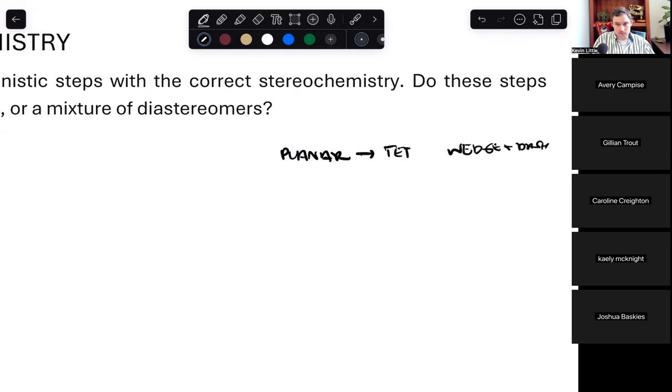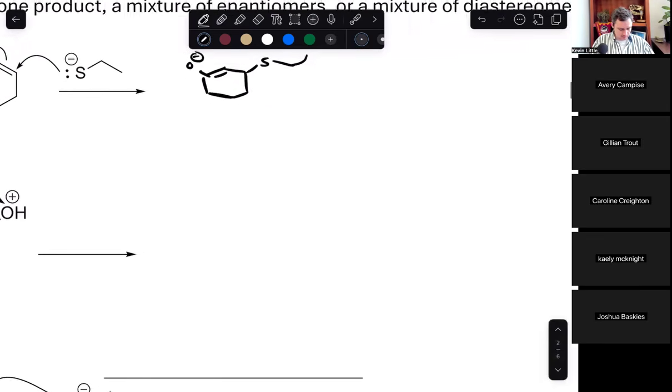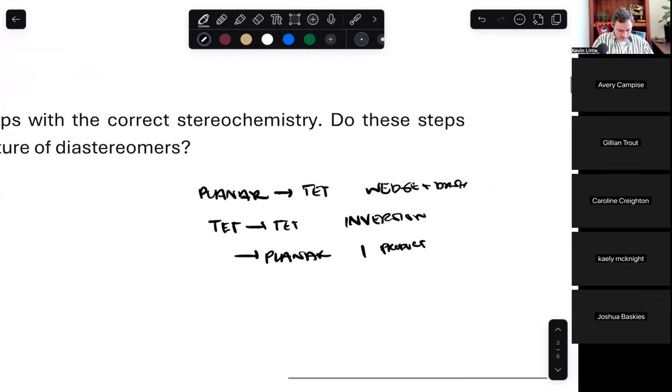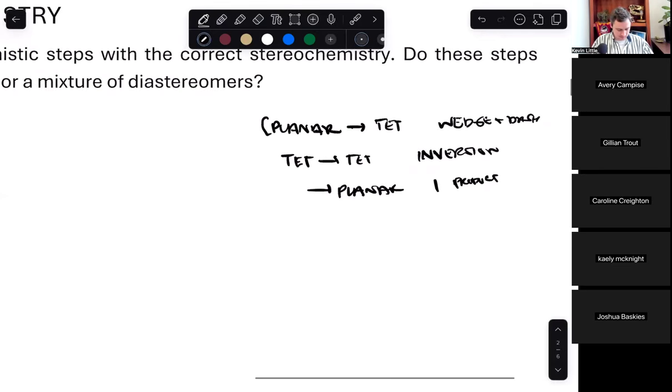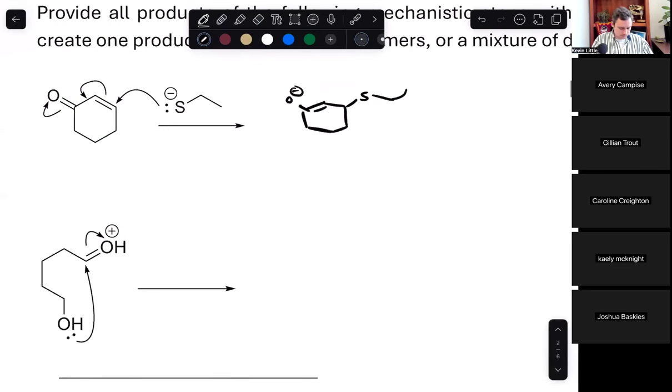We form two products, both the wedge form and the dash form. Tetrahedral to tetrahedral, we get what's called an inversion. And if we end on anything that's planar, we only get one product. So this isn't the best set of practice problems because I really only gave you one of these on accident. But we'll talk about the other situation.